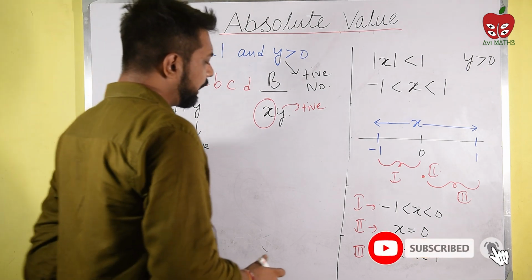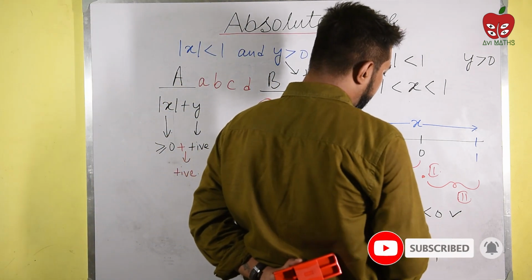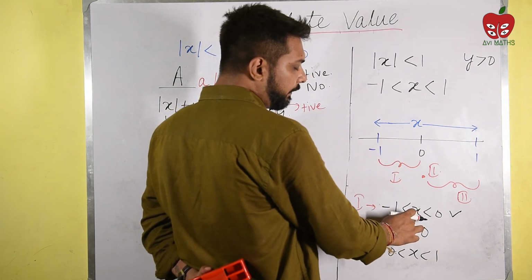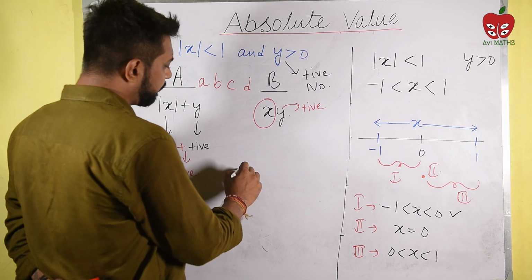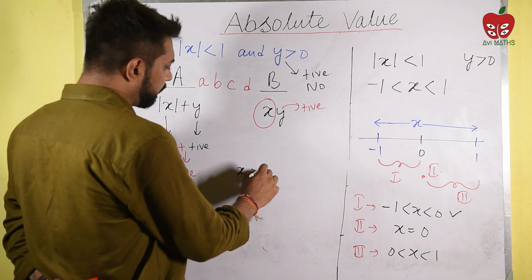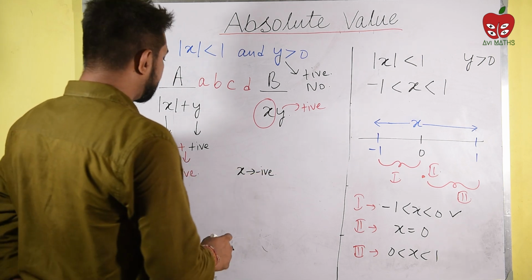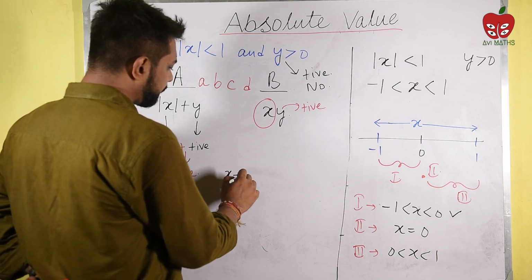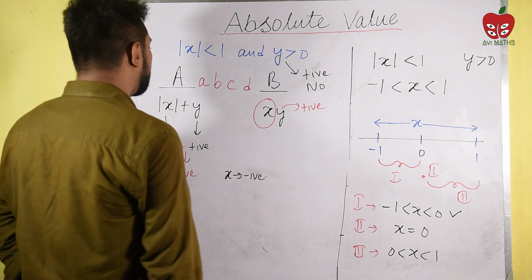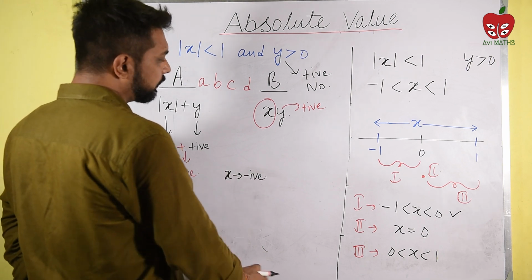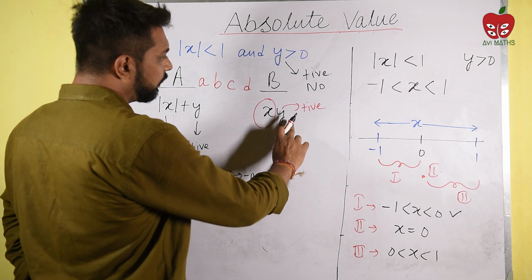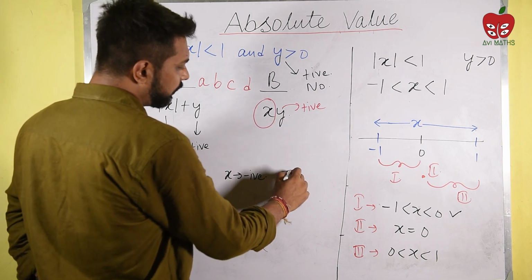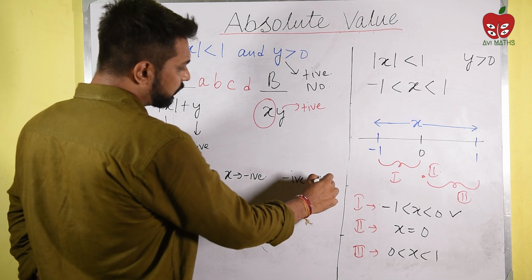So let's say, first part, I am taking when the x value is from -1 to 0. If x value is from -1 to 0, that means x is a negative number. Please understand it carefully. If x is a negative number, we know that y on the right hand side is already a positive number, so you are multiplying a negative number with a positive number.